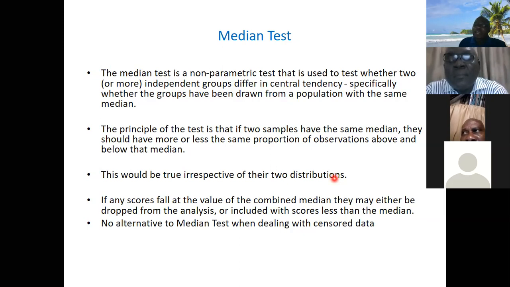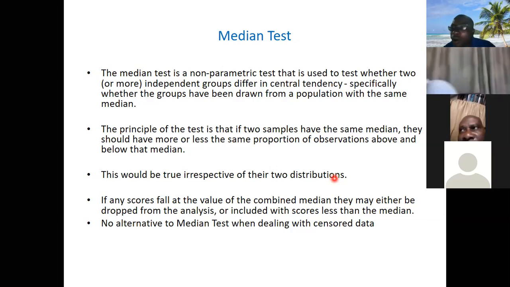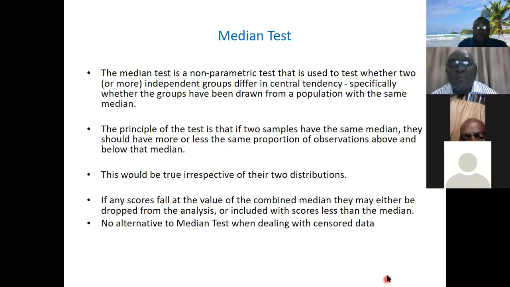The median is the middle value, the central value for all of them. Half of this should be above together with half of this, and half of this together with half of that should be below. That is the logic. So let's just go straight to the example.